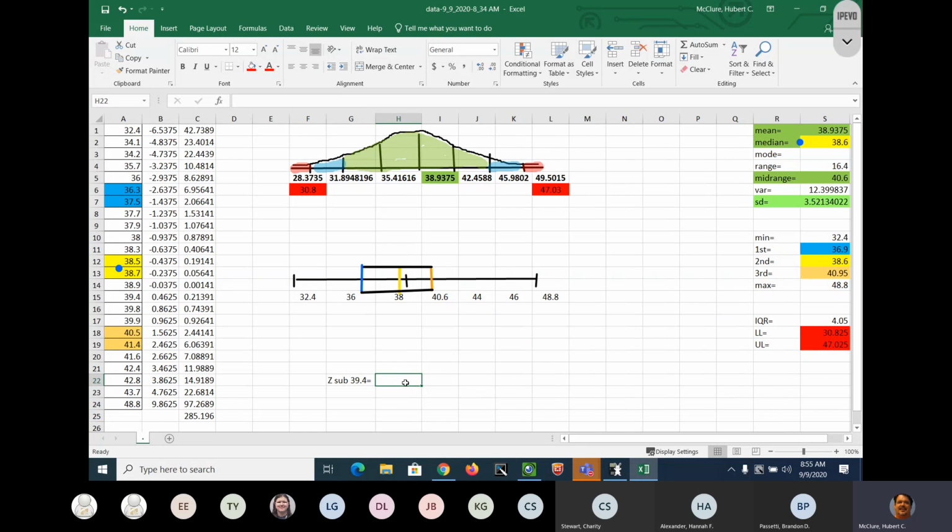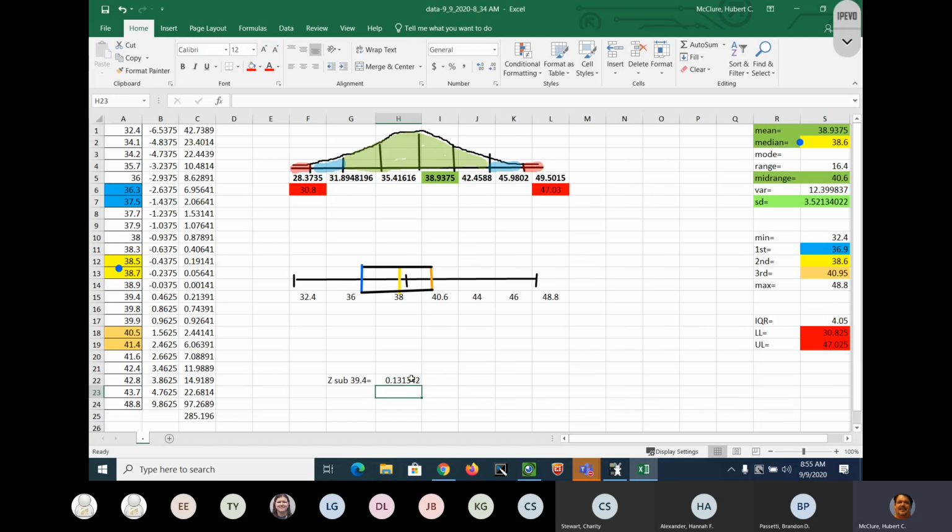So that's going to equal parentheses 39.4 minus what? Well, we've got to subtract the mean and divide that by the standard deviation. So the z-score is 0.13, which would be right in here.